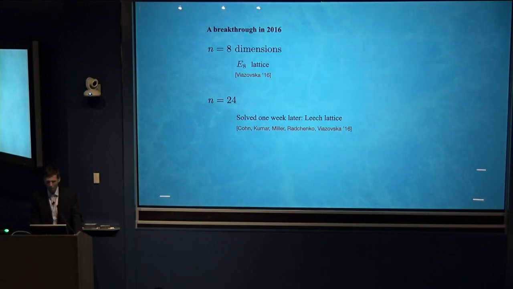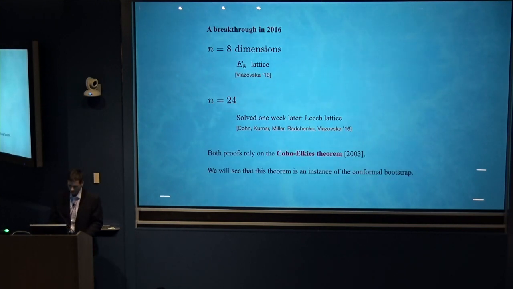First, 8 dimensions, where the answer was the E8 lattice, and then using the same methods, they solved the problem in 24 dimensions and found that the densest packing is something called the Leech lattice. Now, the Leech lattice is related to the monster group, and that's going to tie things back together.